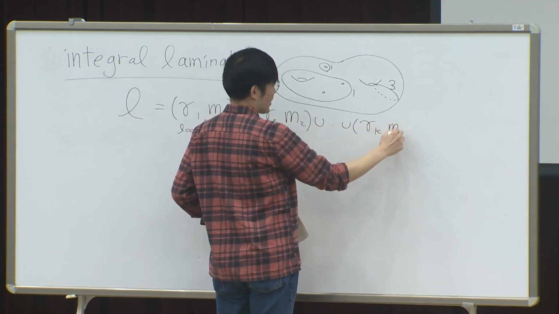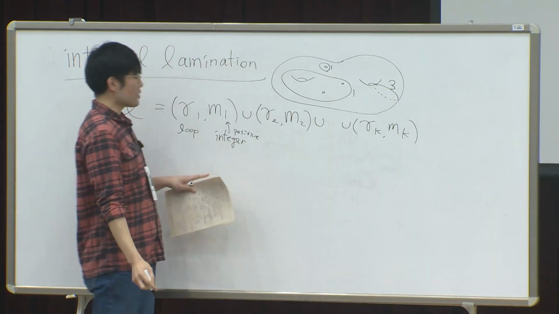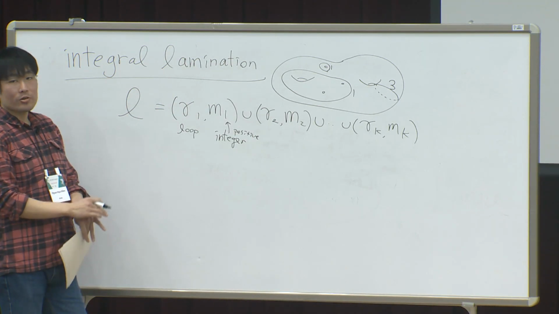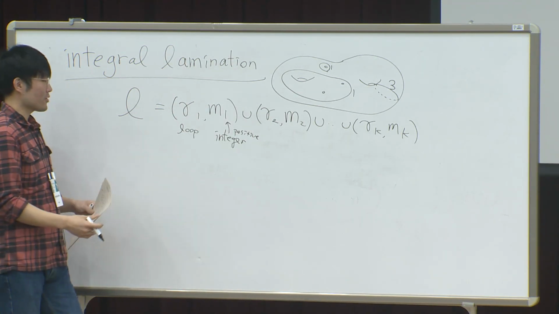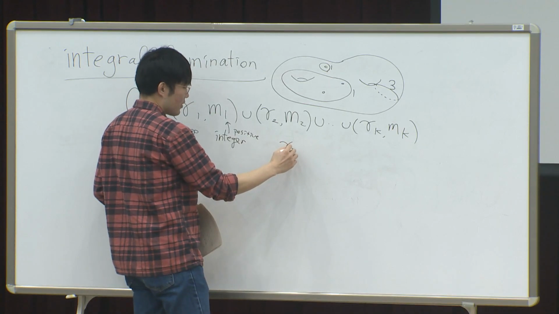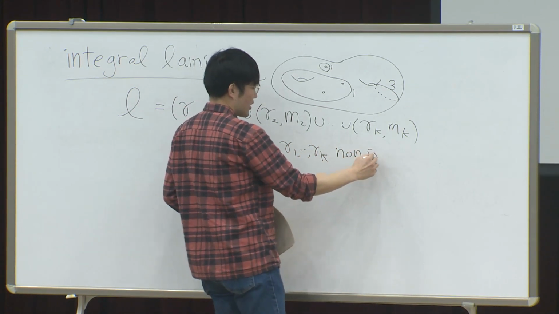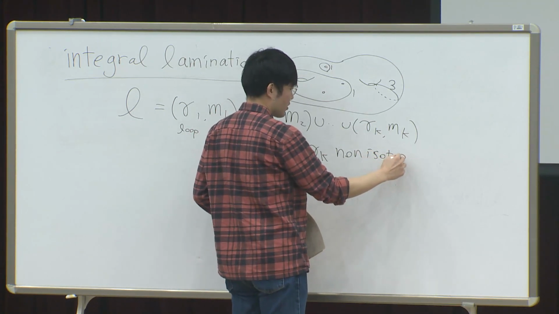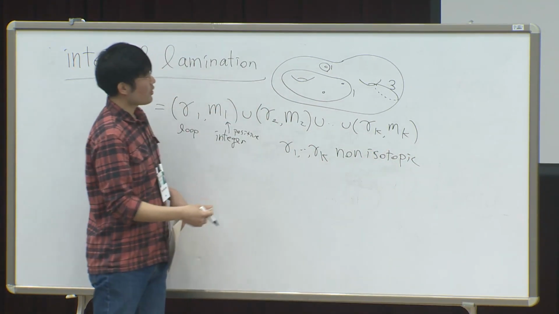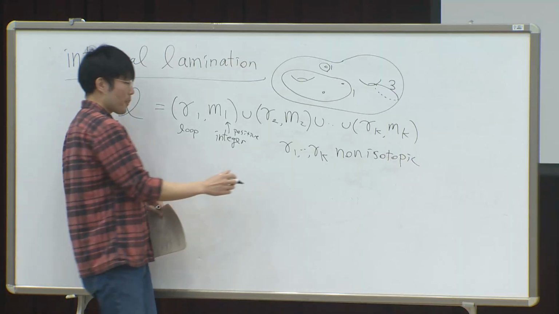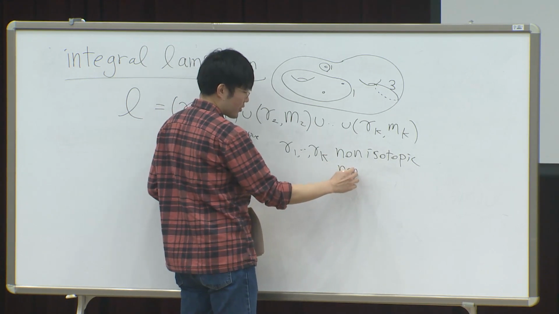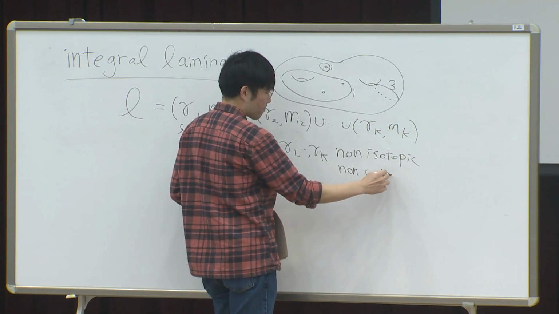And the condition is that none of these constituent loop gammas are isotopic to each other. So I removed all the redundancy. So lambda k, non-isotopic to each other. And none of them are contractible. Non-contractible.